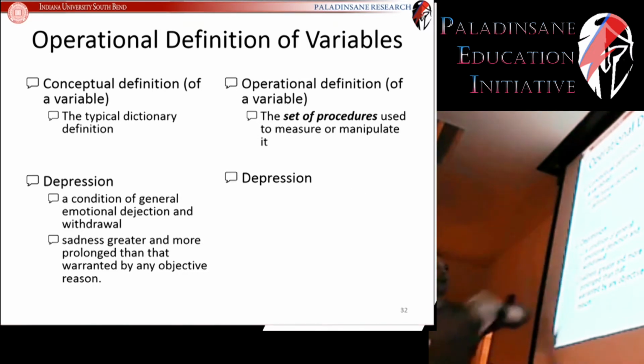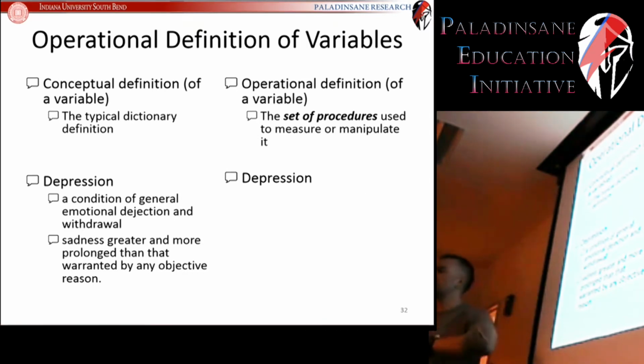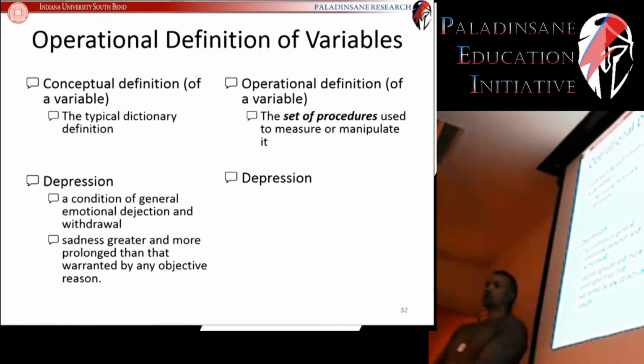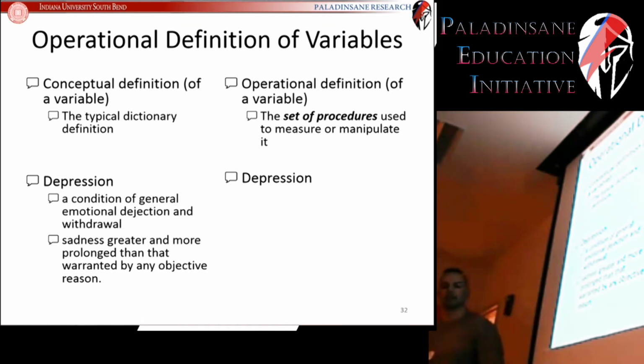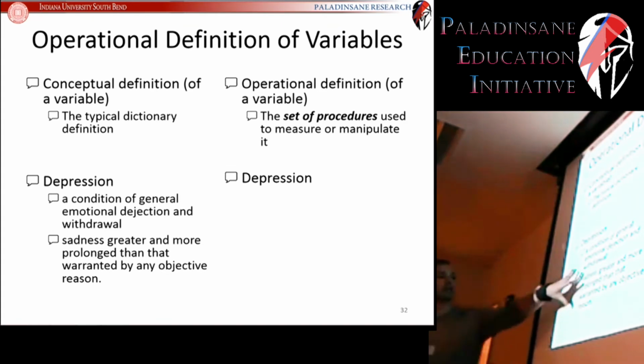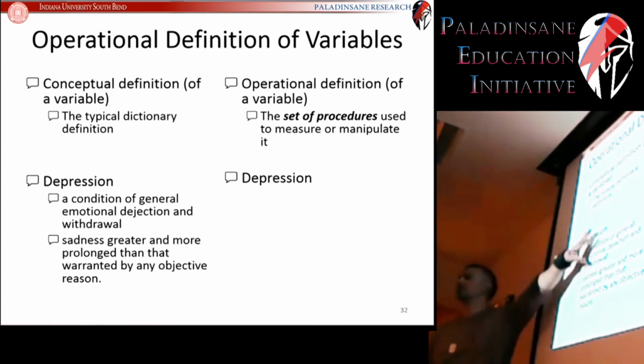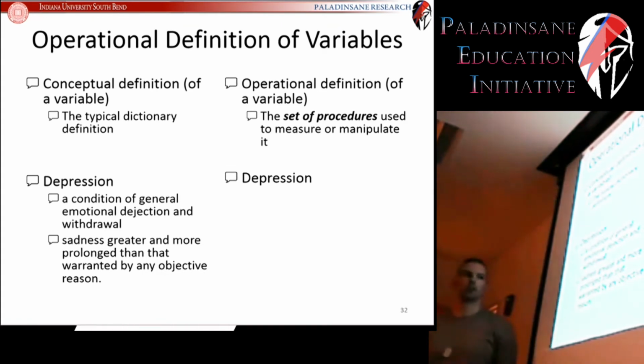That's your conceptual definition, and if I told you that's what depression is, most of you would say, oh yeah, I get it, that's the syndrome of depression. And that's very useful. We need to have these conceptual definitions of what a variable is.